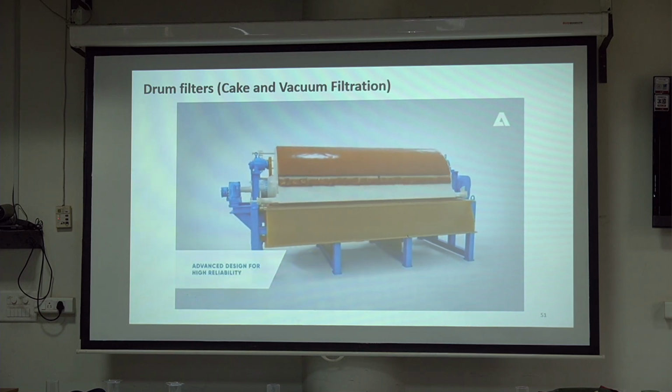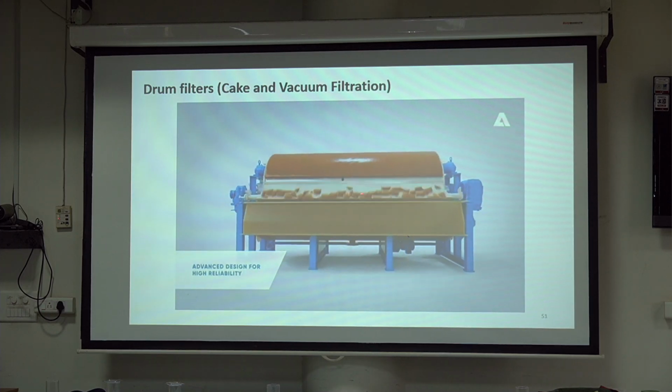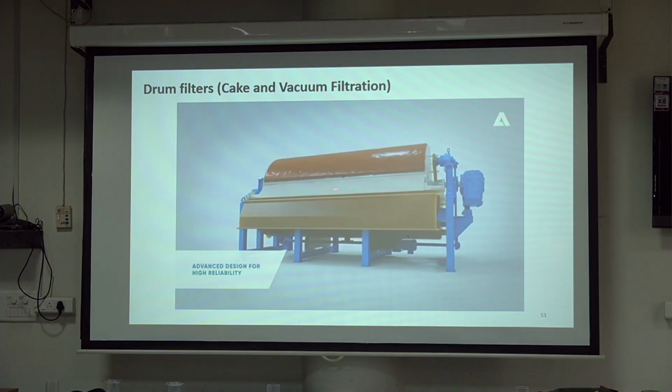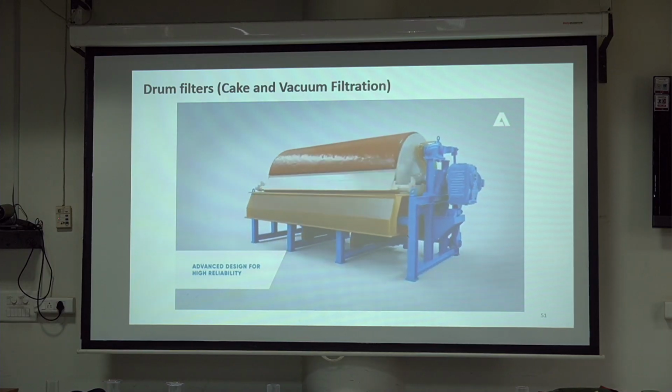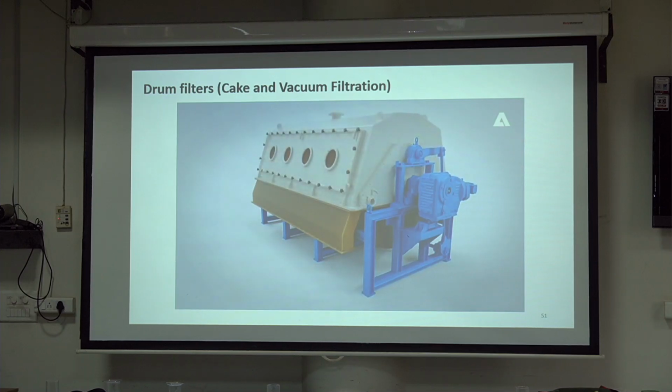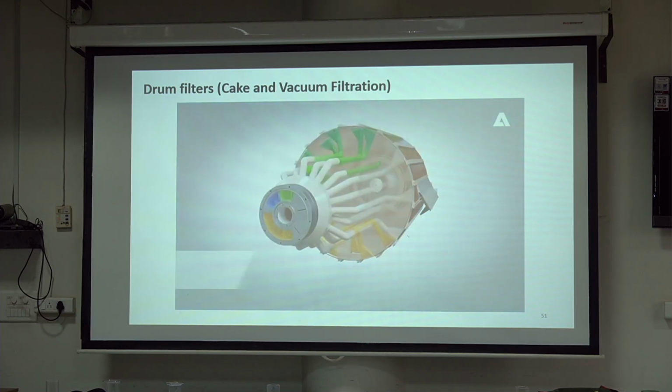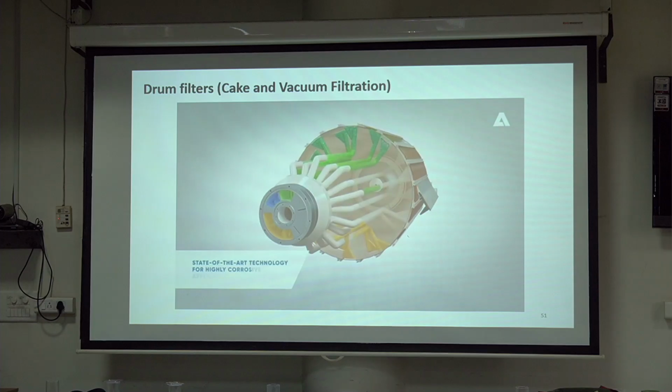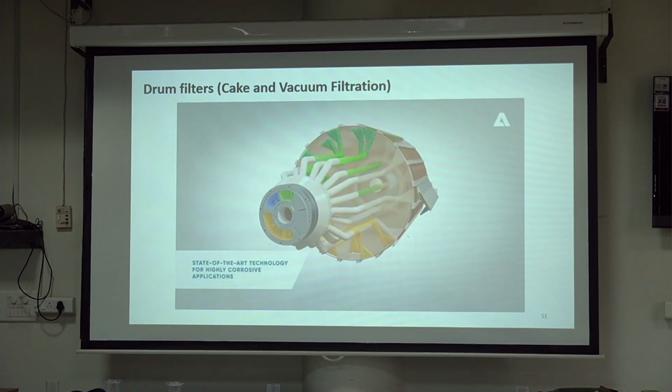Inside there is a vacuum, and the vacuum is not active in this zone. That's why the cake is discharged, rather you are having the pushing by air. In a certain zone the vacuum is active, as the drum is revolving, so you can see from this picture.